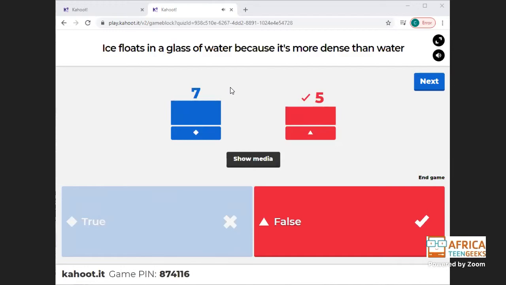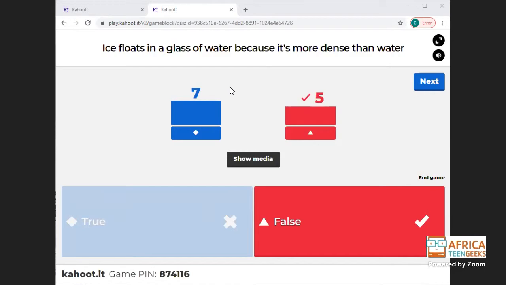Ice floats in a glass of water because it's more dense than water. False. Beautiful. And others said it's true. Guys, remember we said that ice is an exception, because of the way particles of water are packed. So water is an exception in terms of density.